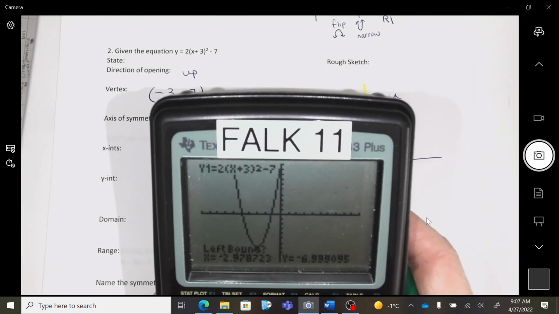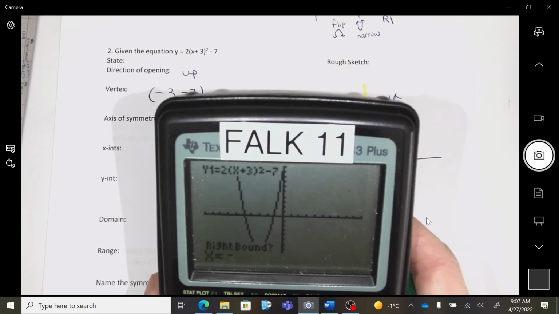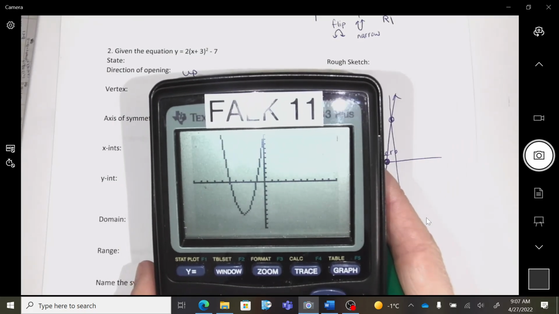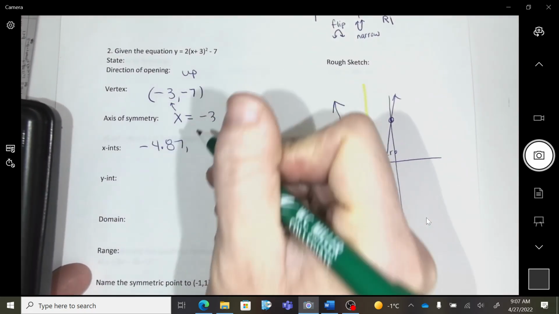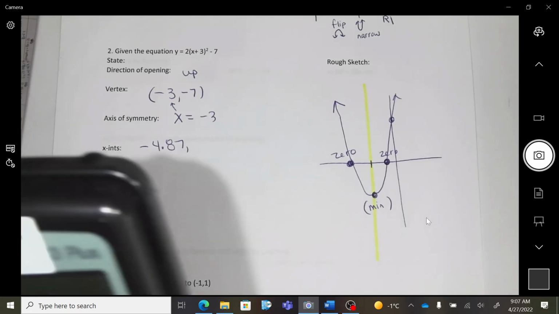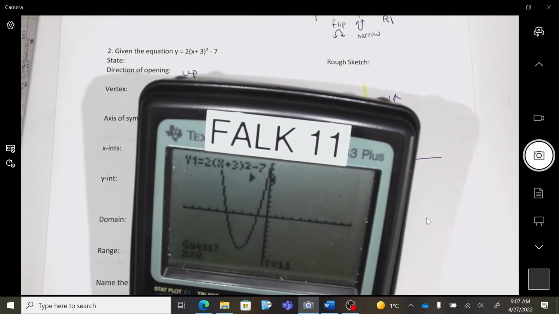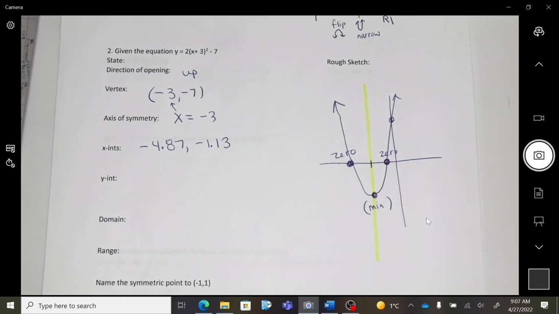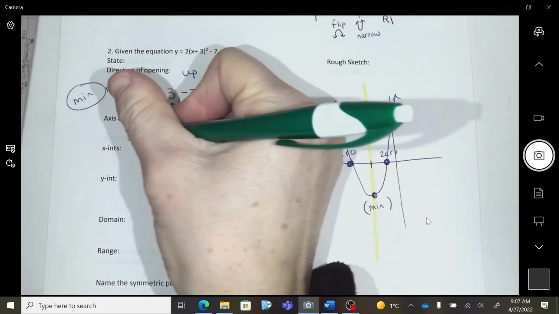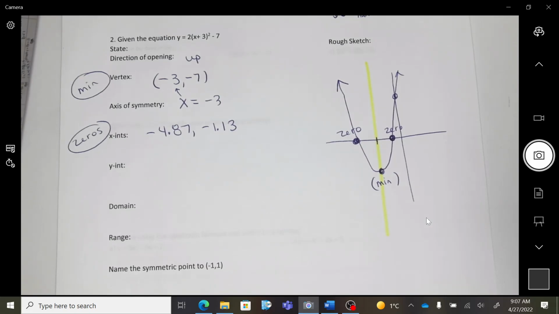Second, calculate the 0, and then left and right bound them. How are we doing? -4.87 and -1.13?